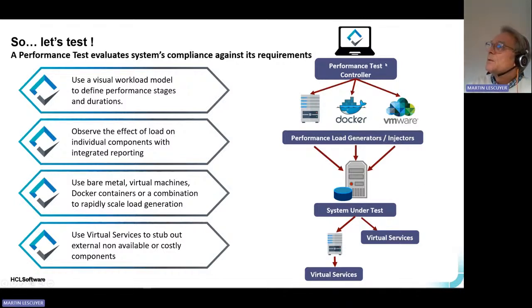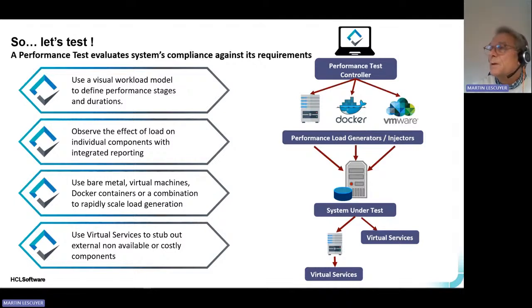And possibly because for your performance test, you might want to use thousands of virtual users. And in order to be able to inject thousands of virtual users in parallel on your system under test, you might have to use what we call data injectors and distribute those injectors over a platform. So this activity needs to be planned and managed.